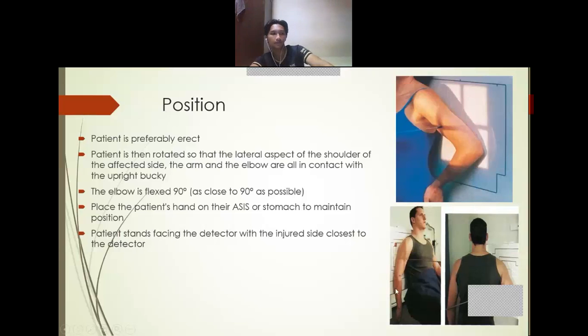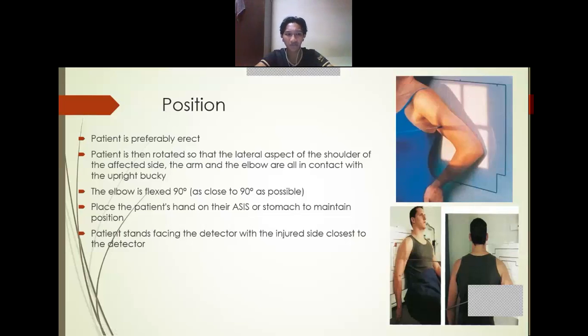The elbow is flexed 90 degrees, as close to 90 degrees as possible, like this. Place the patient's hand on their abdomen or stomach to maintain the position.